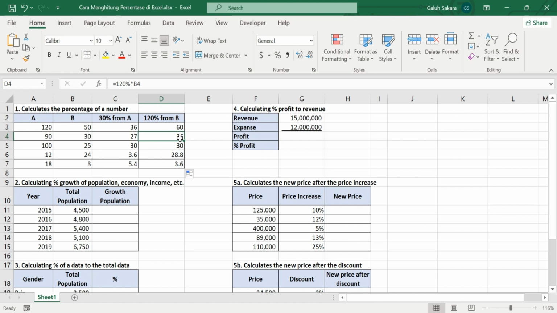Okay, that's the results you can see on your screen here. 60. Okay, it's 120% from 50, etc.